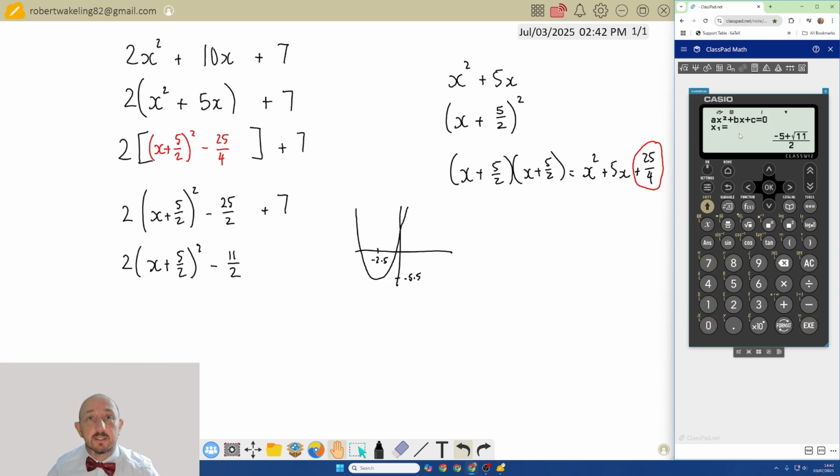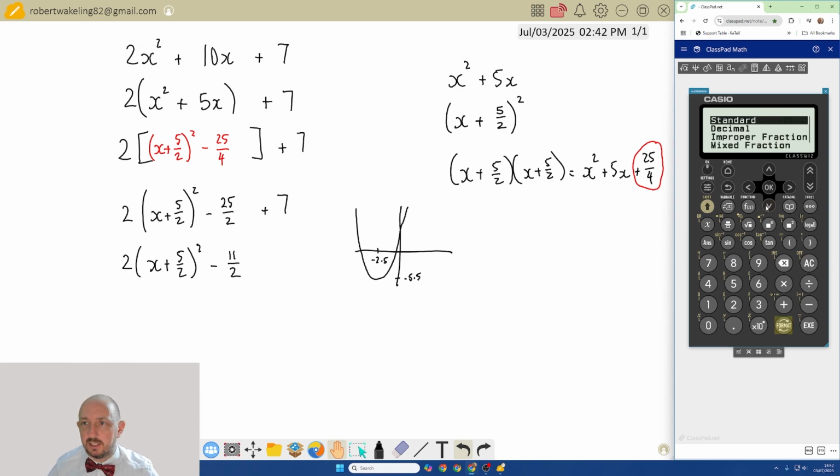Now, when we solve, we usually want these x1 and x2 values, which would actually correspond to the x-intercepts here. But when we keep scrolling down, you can see that the minimum for this is when x equals minus 5 over 2, so minus 2.5. If I change that to a plus, that will give us this p value here. And then if I scroll down one more time, minus 11 over 2 is the y coordinate.